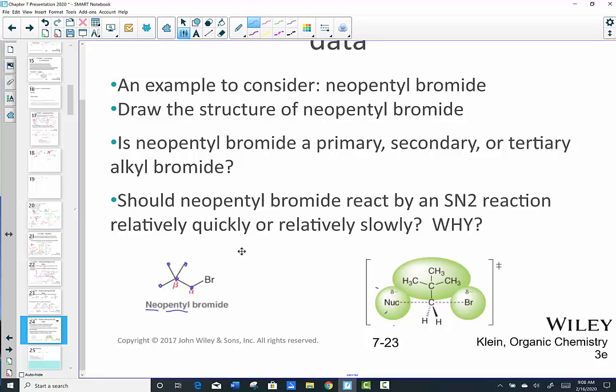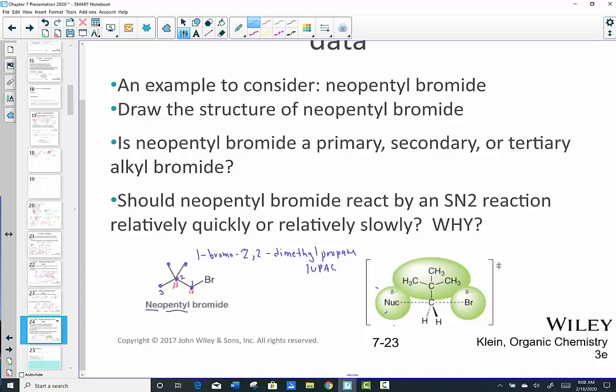You could also name this, it would be called, I'd have to alphabetize, 1-bromo-2,2-dimethylpropane. That would be its IUPAC name. But a common name is neopentyl bromide.